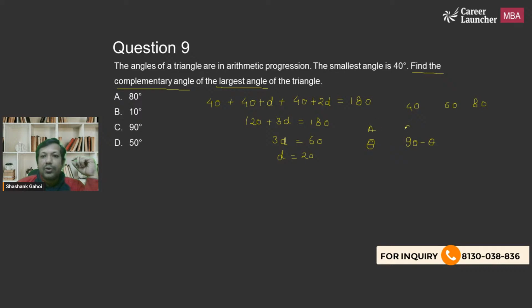The supplementary angle of theta is going to be 180 minus theta. So basically, the sum of complementary angles is 90 and the sum of supplementary angles is 180. So the question is talking about the complementary angle.